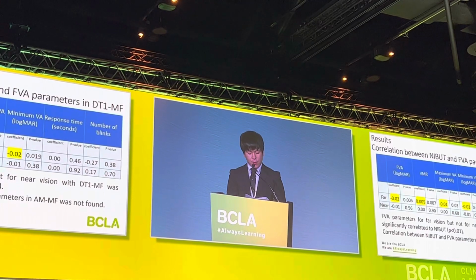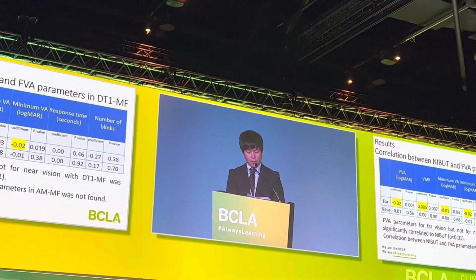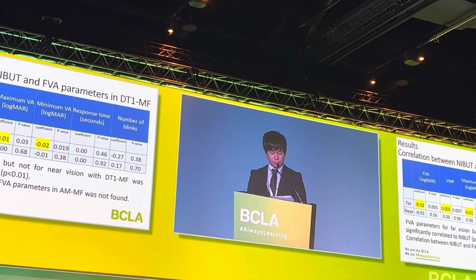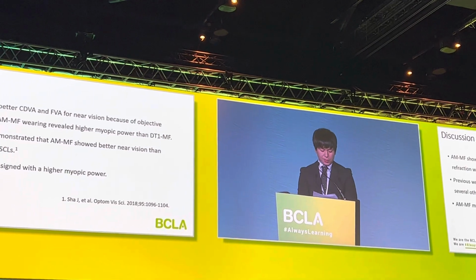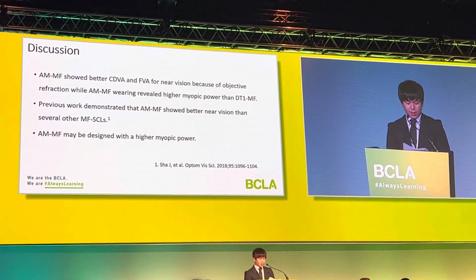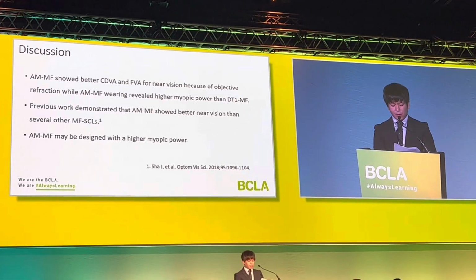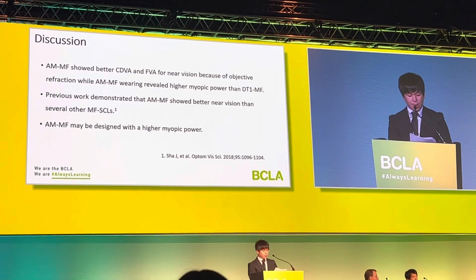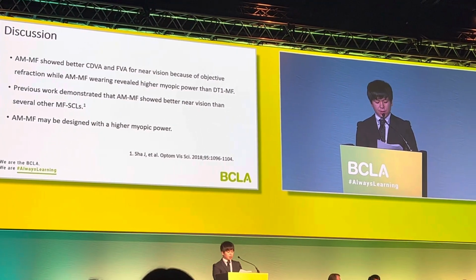Correlation between NIBUT and FVA parameters in AMMF was not found. Discussion. AMMF shows better CDVA and FVA for near vision because of objective refraction, as AMMF wearing revealed higher myopic power than DT1MF.